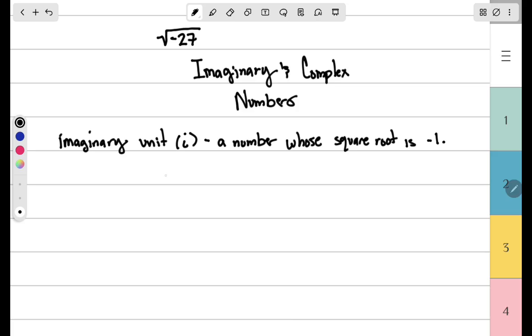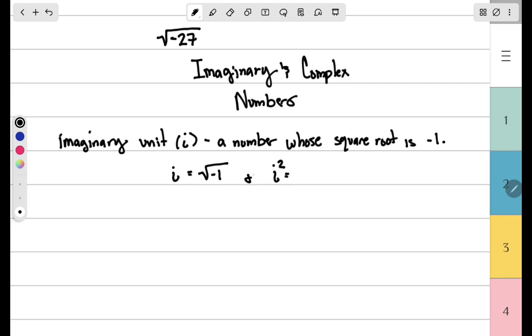So i is the square root of -1. Also, that means i to the second.